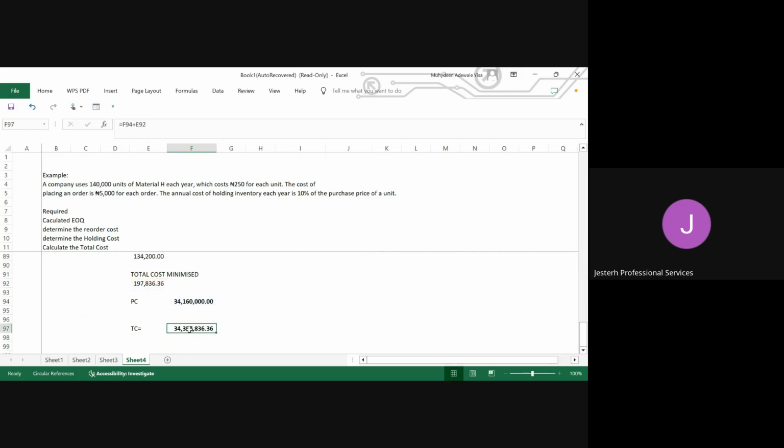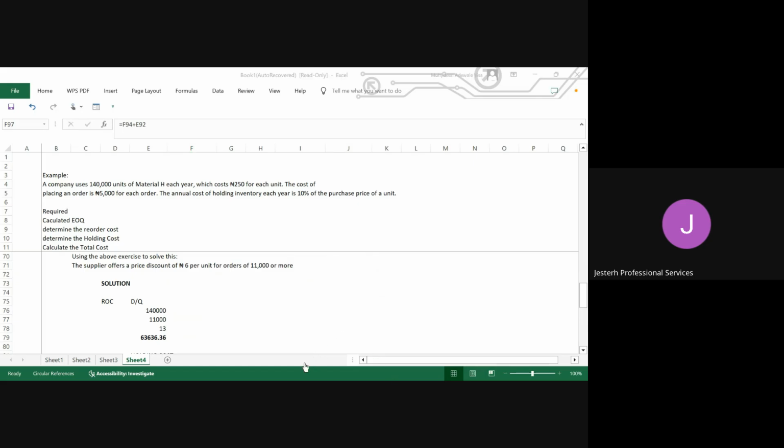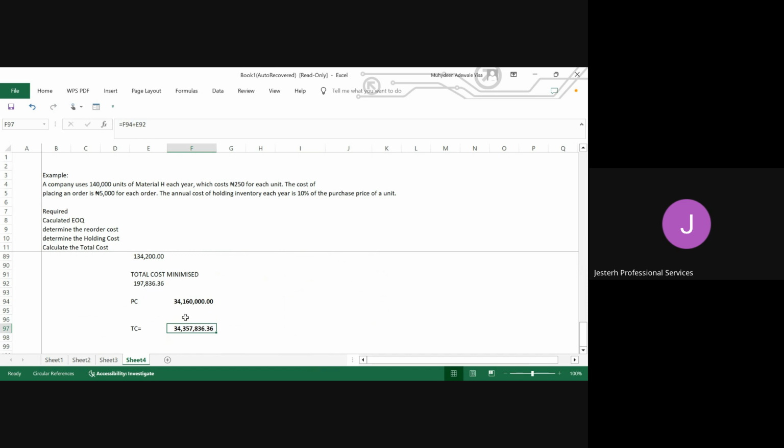So it means if we decided to follow the supplier order by ordering 11,000 per each order, our total cost is going to be 34,347,836 naira. Now you see.